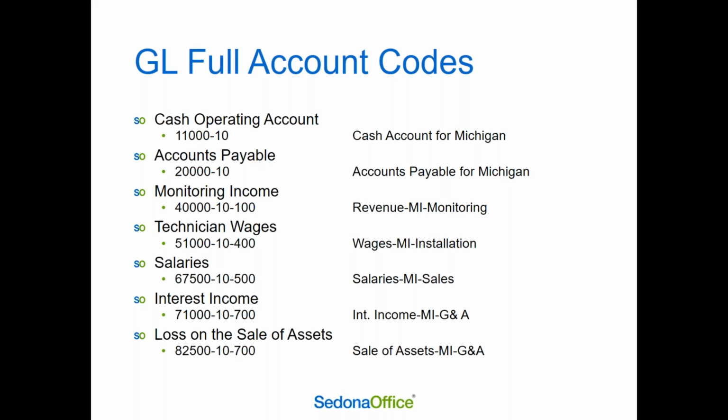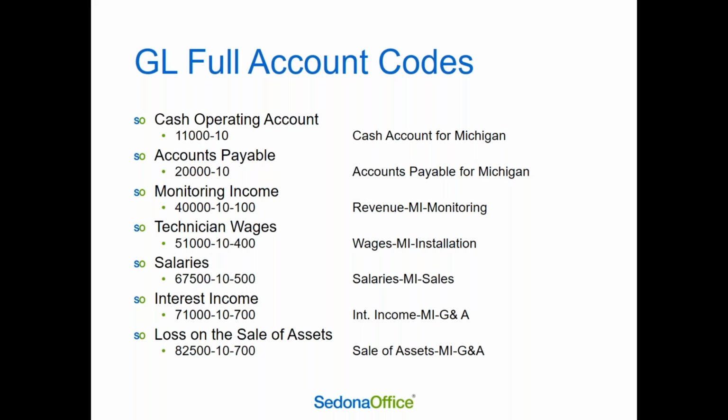Let's talk about this technician wage, because I want you to understand how this GL account structure is set up. So for technician wages, the 510 for installation and for monitoring.